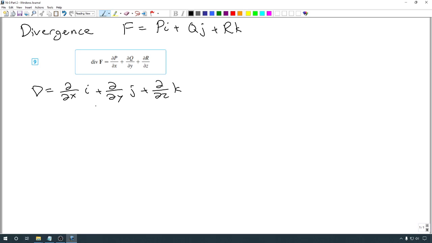It's not really a vector, but using the same format that the dot product has, at least, then we can essentially say that we're taking the derivative with respect to x of P plus the derivative with respect to y of Q plus the derivative with respect to z of R, and we get that scalar. That's exactly what our divergence is.